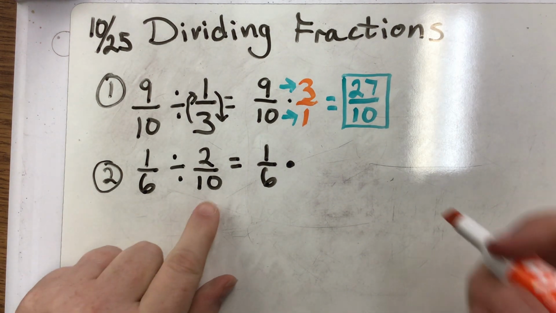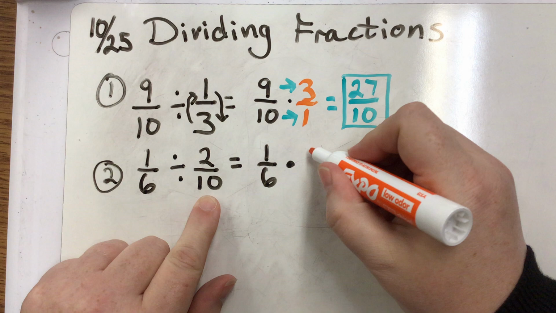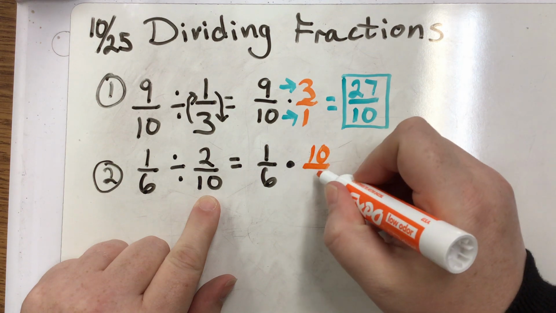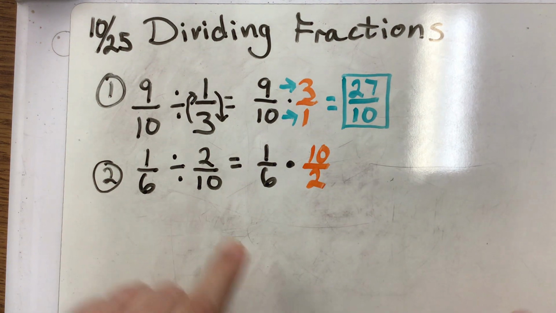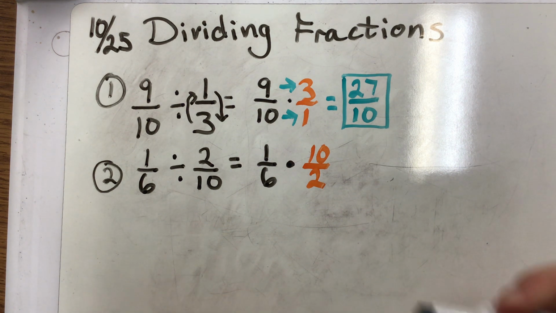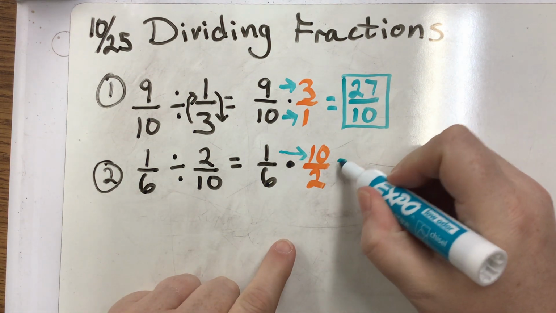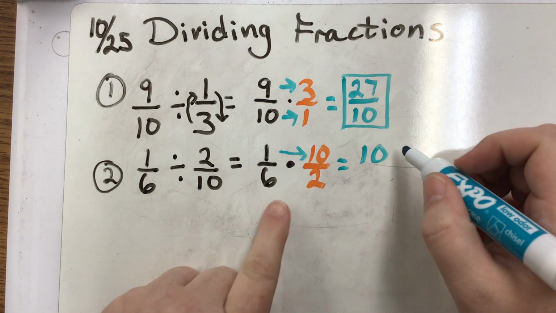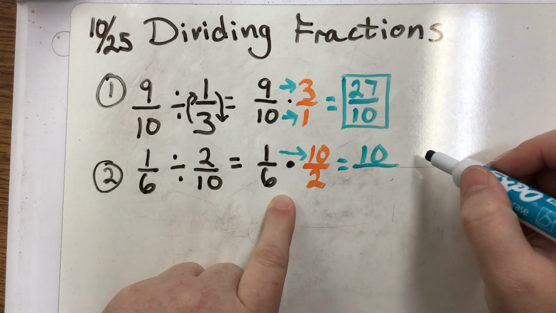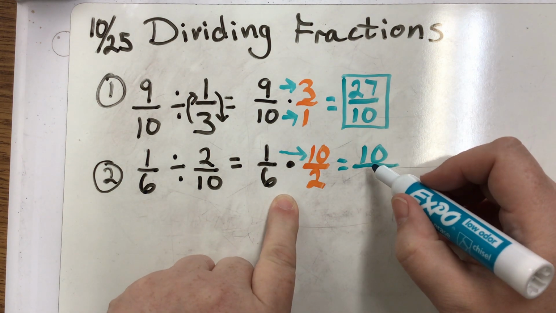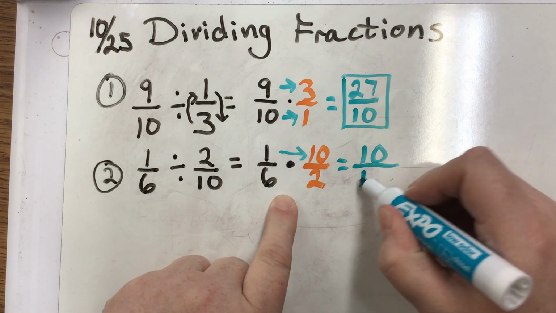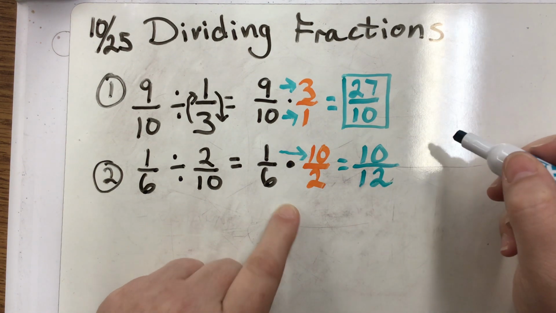So it's not going to be 2/10, but 10/2. Okay? Now let's multiply straight across. See what we get. 1 times 10 is 10. 6 times 2, I'm going to check my calculator, and it says 12.